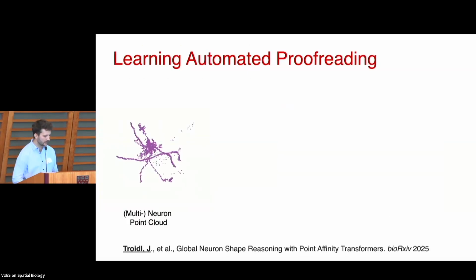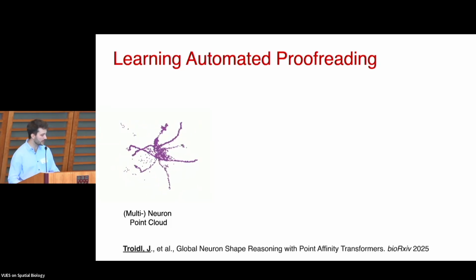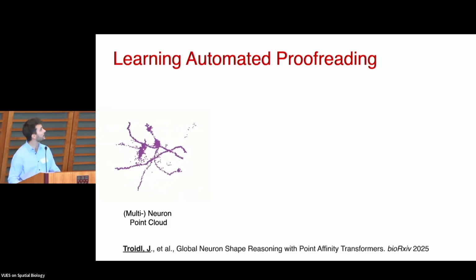To that end, we've been thinking about whether we can learn machine learning models that automatically proofread those next generation connectomes. And now that we have all these expert annotations from previous projects, we can use those as training data. For example, what you're seeing here is a point cloud that was sampled from an incorrectly reconstructed neuron. So there are multiple neurons in there.